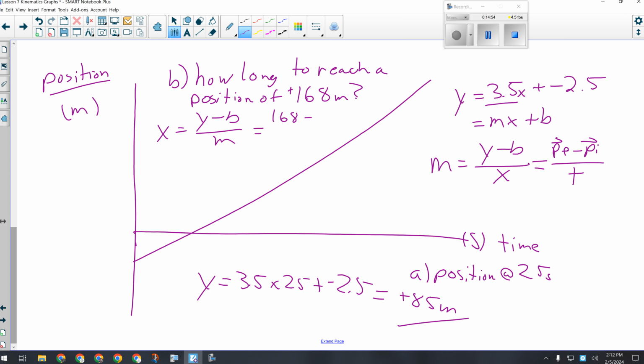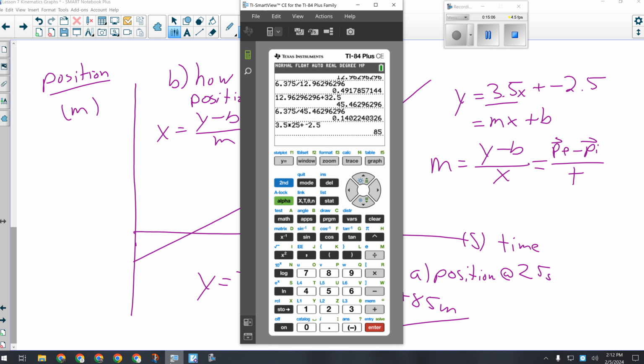I know B is negative 2.5, so minus negative 2.5, divided by M, which is positive 3.5. So that's going to take 48 seconds, actually 49 seconds.